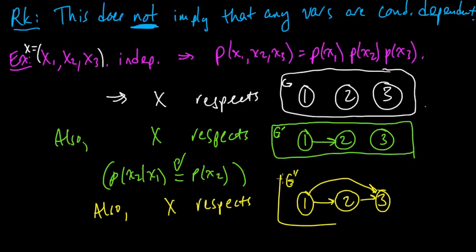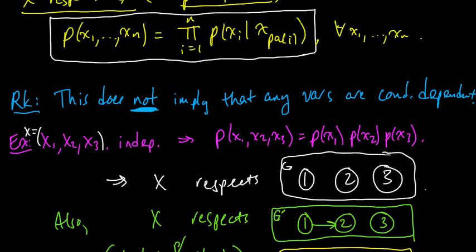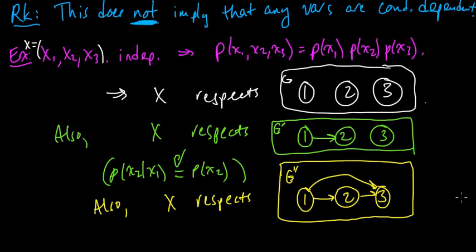Call it G double prime. And it's for the same reason, because the conditional independence properties give you that these factors can look like these factors up here, because you can drop the dependence on the parents.